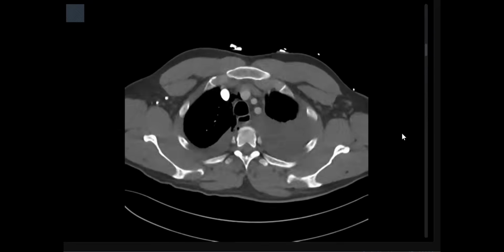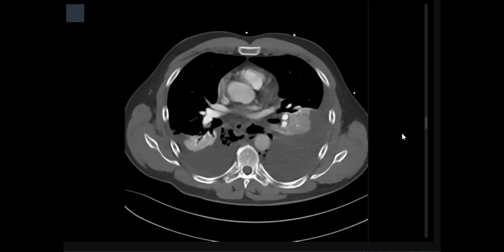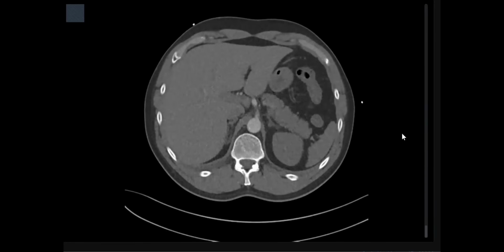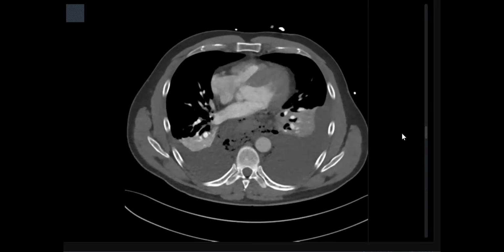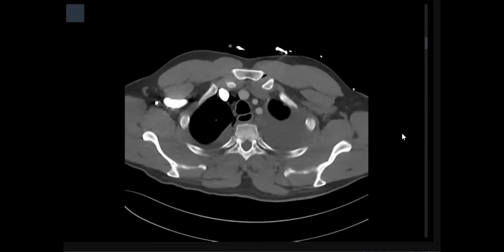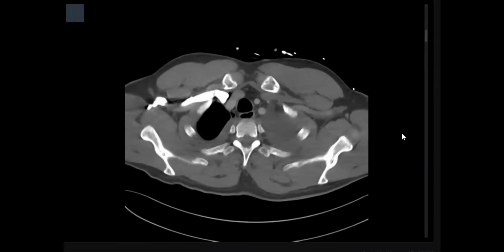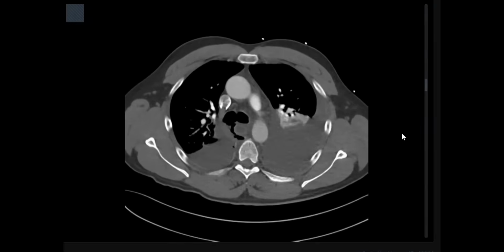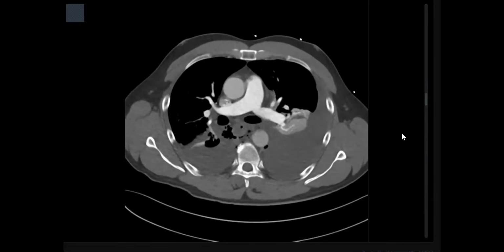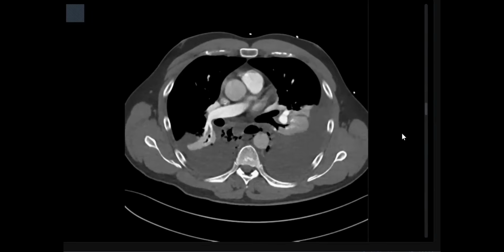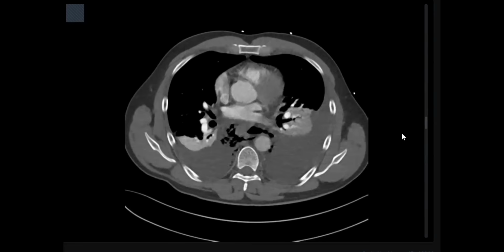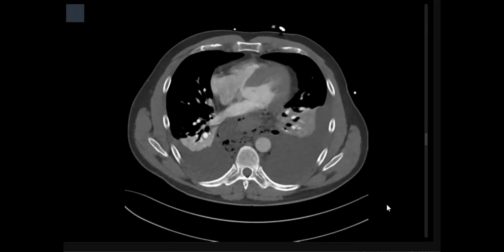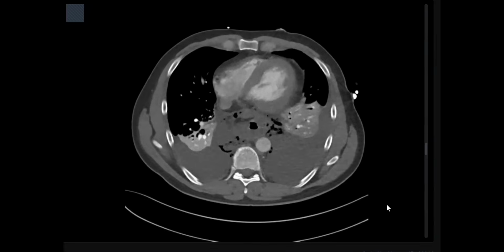So I'm presented with an axial CT with contrast in the portal venous phase of the chest of the same patient that I've seen the chest X-ray of. After going through the slices, I can now appreciate that there is a pneumomediastinum, as there is gas within the mediastinum, and there are bilateral pleural effusions, more on the left side, with associated segmental or passive atelectasis of both lung bases.